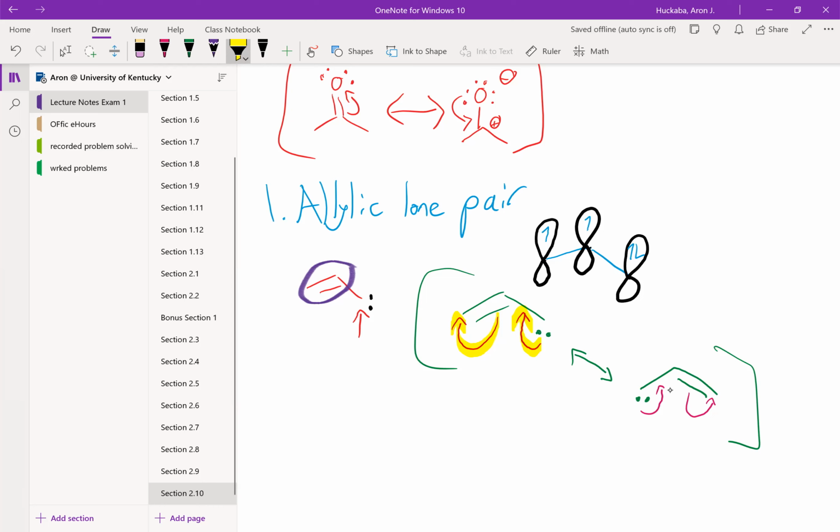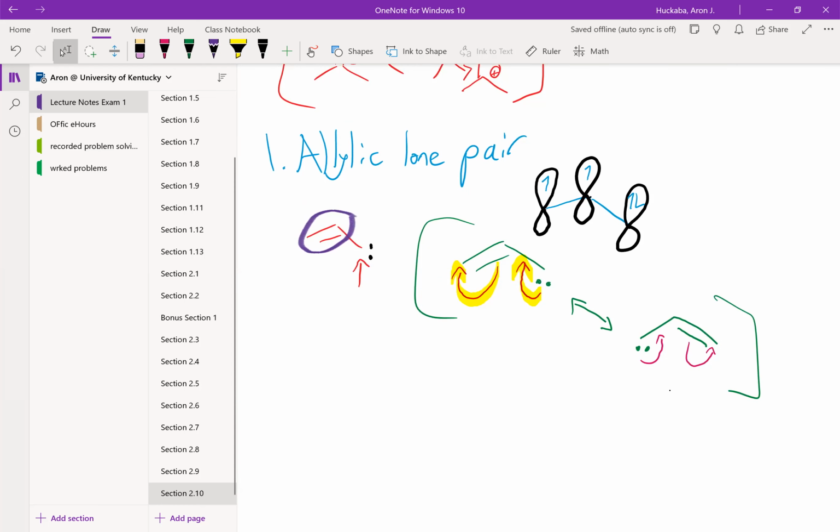Okay, now what's kind of cool about this allylic resonance form is that while I used an all carbon example, there are several examples that don't have carbon at all, or at least don't have carbon with the lone pair, and that have maybe funny looking double bonds as well.